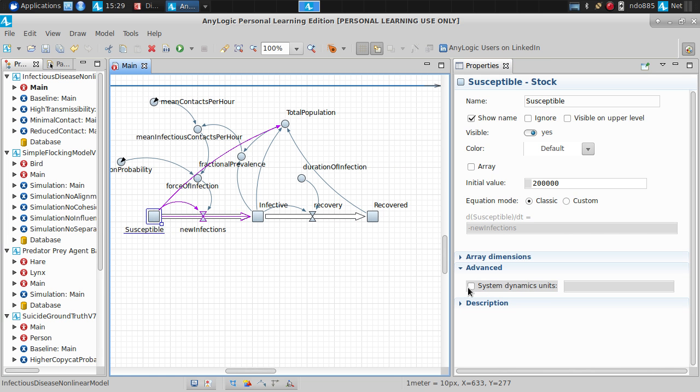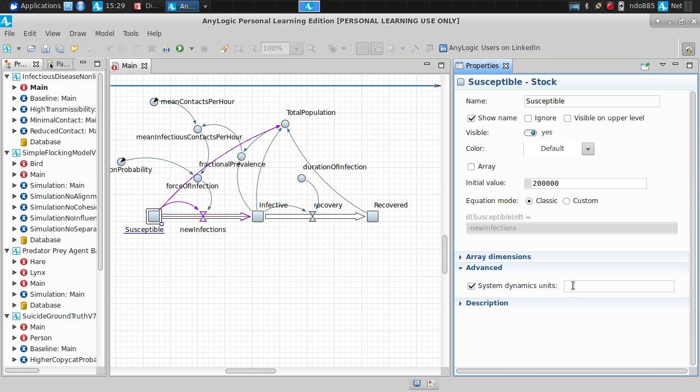Now, a physicist would approach this a little bit differently. They would say, look, let's just get rid of a lot of this issue of inconsistency by having it be fraction susceptible, fraction infective, fraction recovered. What would those units all be? If this were the fraction of the population susceptible, what would the units be? Dimensionless.